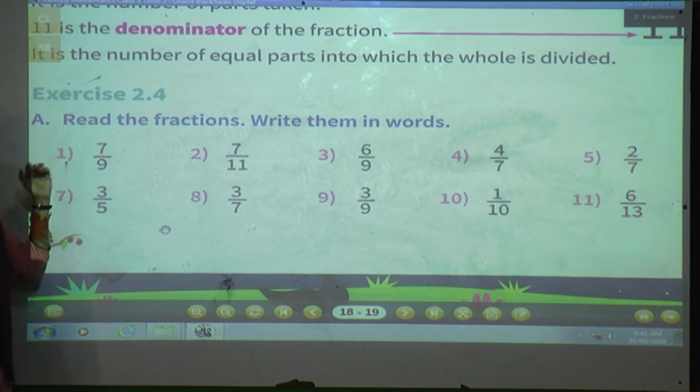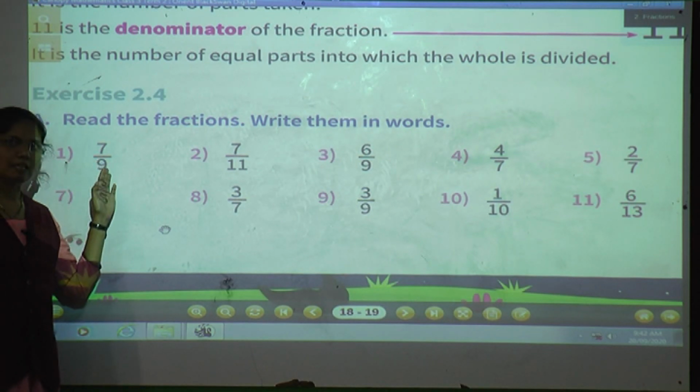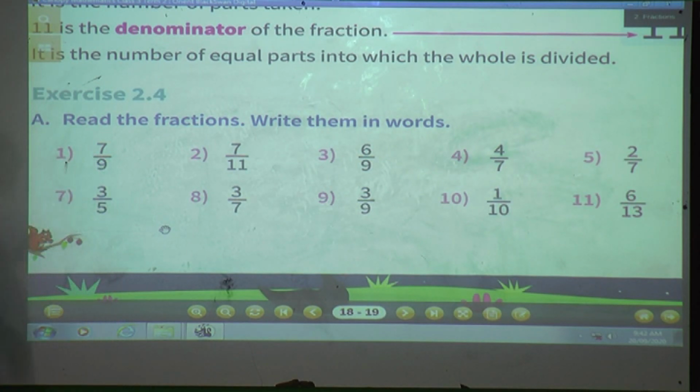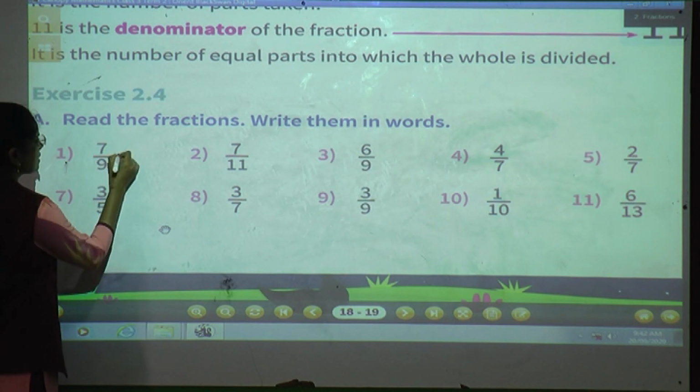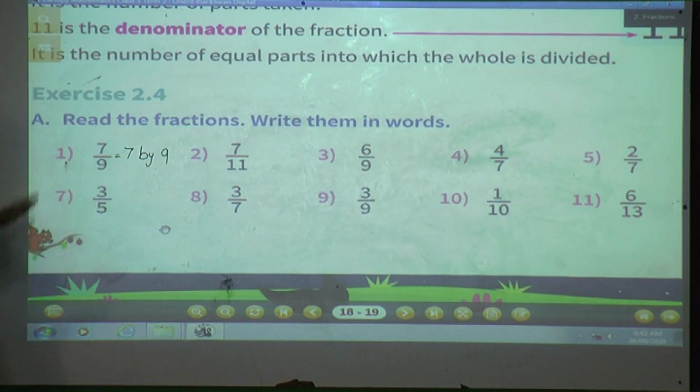How will you read this fraction? Here the first fraction you can see. Yes, 7/9. So here you have to write 7/9. Now in this fraction, what is the denominator?